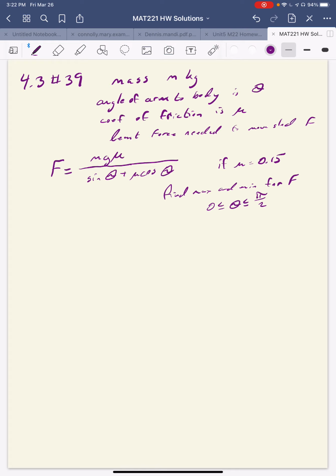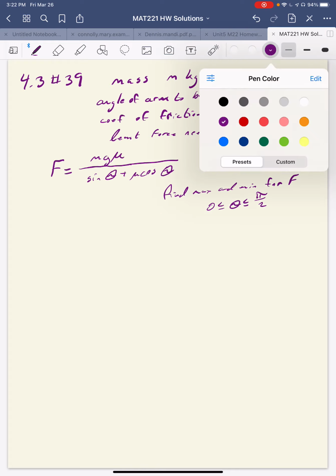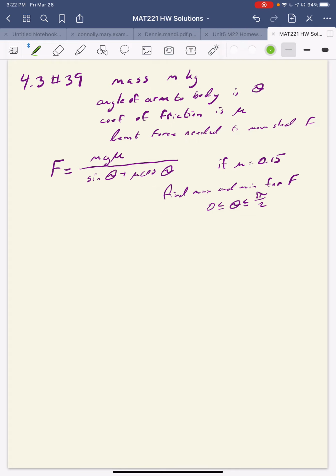We will start again. I always like to rewrite my function into something that is easier for me to see how to differentiate. So I'm going to start by saying F is equal to, and I'm going to substitute in the 0.15 for mu as I rewrite this. The numerator is 0.15 mg.